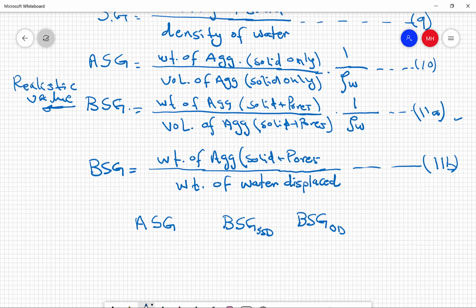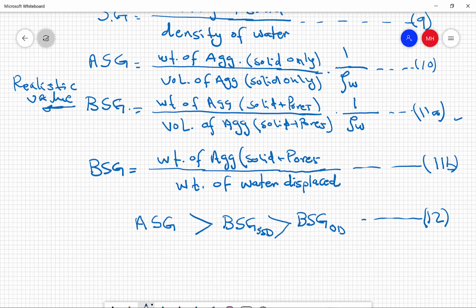The apparent specific gravity will be larger than the bulk specific gravity in the SSD condition, which is larger than the bulk specific gravity in the OD condition, oven dry. Let's call this equation number 12.